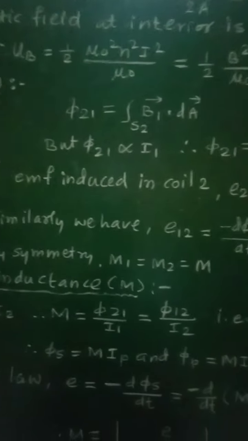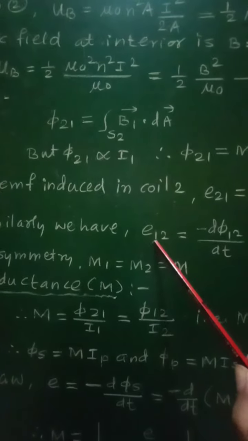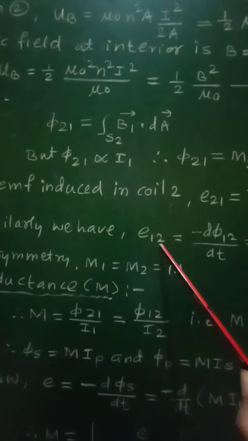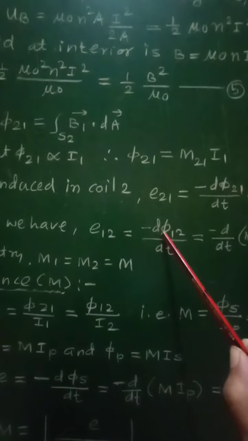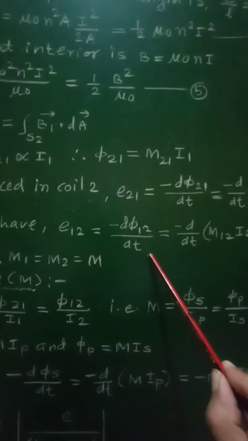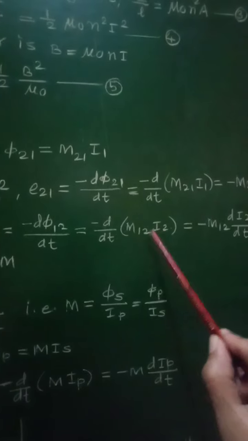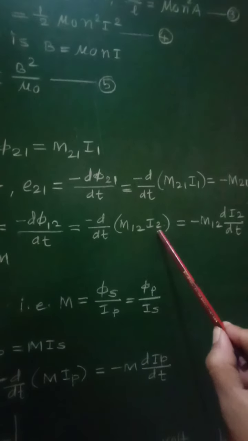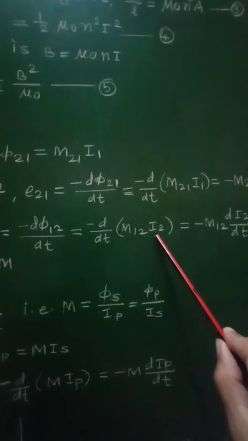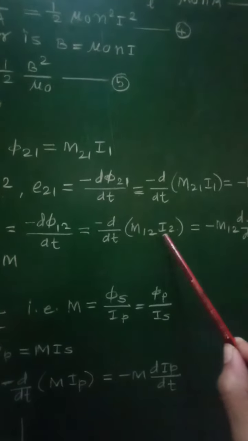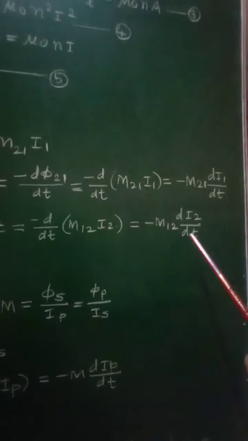Similarly, we have the EMF induced in the first coil due to the current in the second coil, that is E12 equal to minus d phi 12 upon dt, that will be equal to minus d by dt of M12 I2, because the current here is the current in the second coil, that is I2, so that will be equal to minus M12 dI2 by dt.